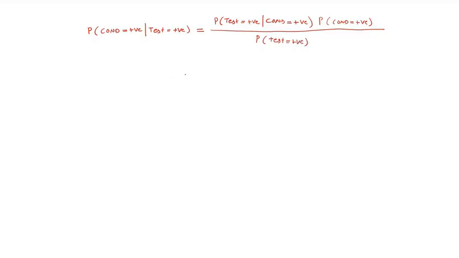Okay, so I think we know everything about this problem now. The probability that the test is positive when the condition is positive is the sensitivity, which is 90%, that is 0.9, multiplied by the chance that, in a population of 10,000, people are positive.